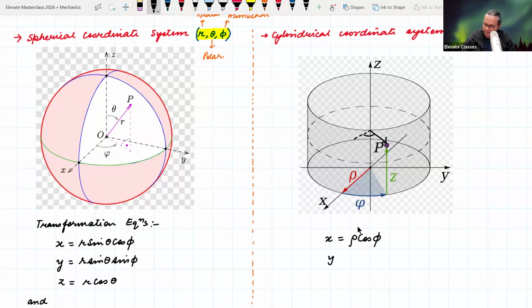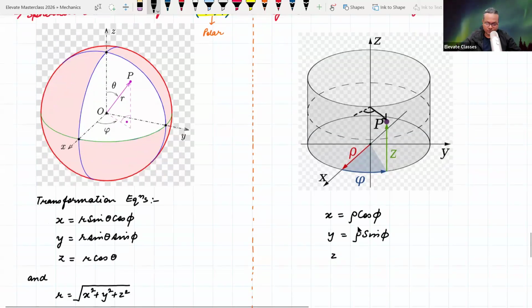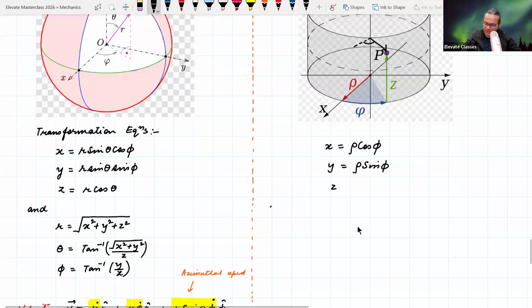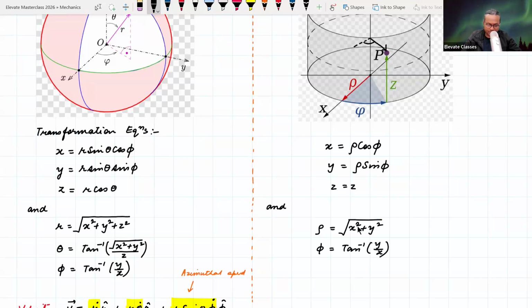Okay, what is y? Rho sin phi, and z is nothing but z itself. Okay, and the reverse transformation equations are: rho is equal to the square root of x square plus y square, and phi is equal to tan inverse of y upon x, and z is of course equal to z.